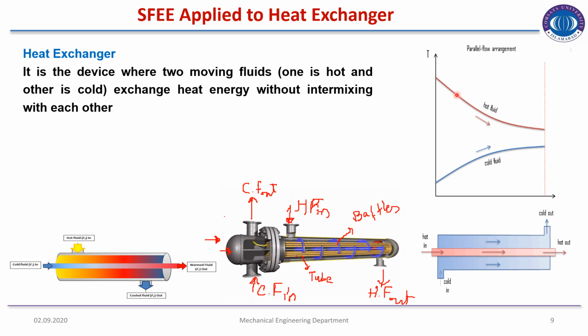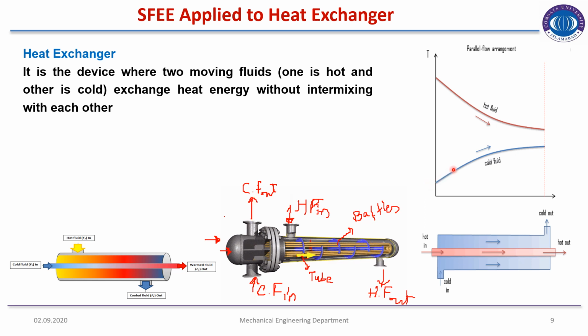If we draw a temperature and time diagram, a TS diagram, the hot fluid curve is shown in red and the cold fluid curve in blue. Suppose the temperature at which the cold fluid enters is 20 degrees centigrade.